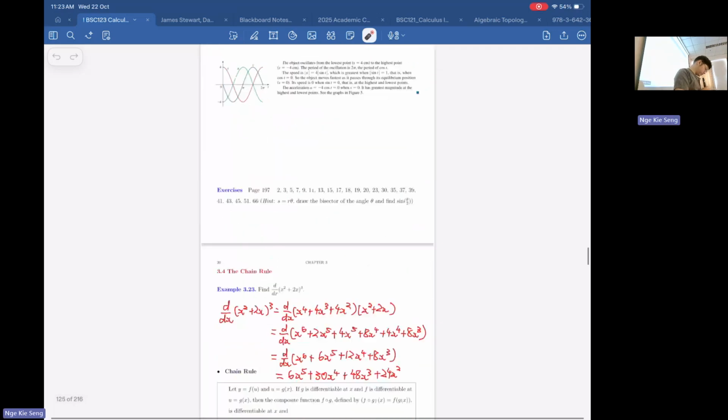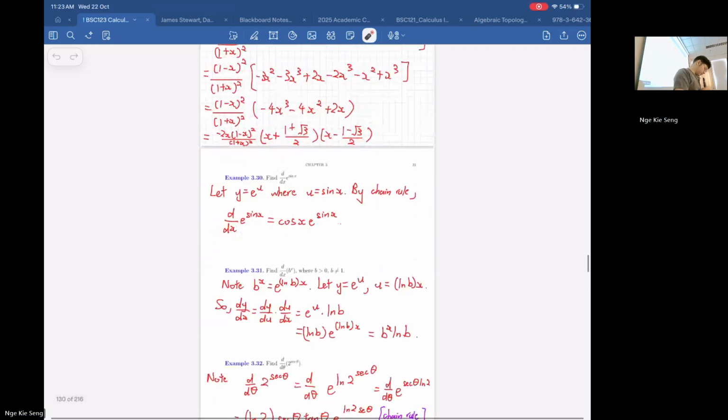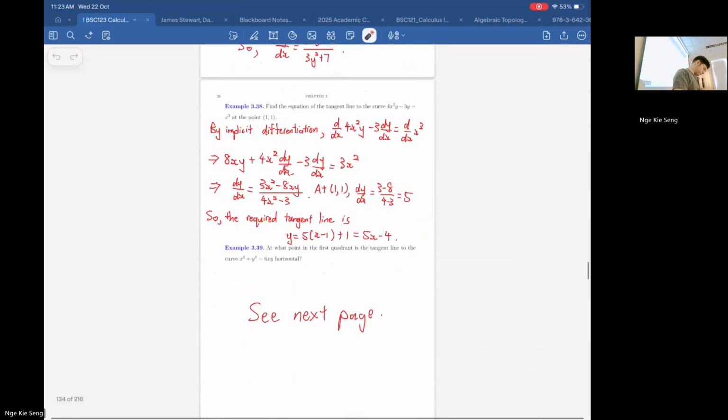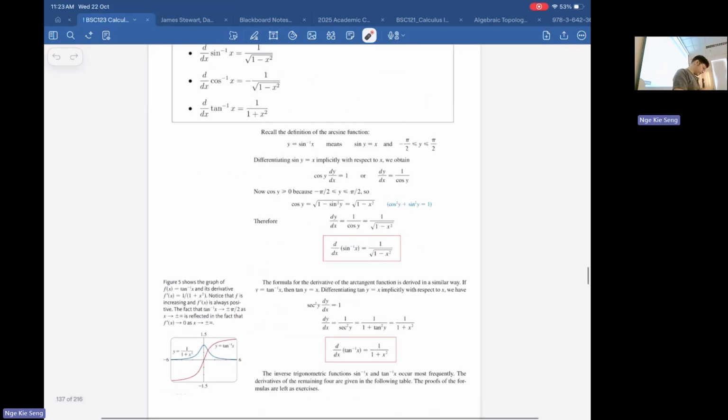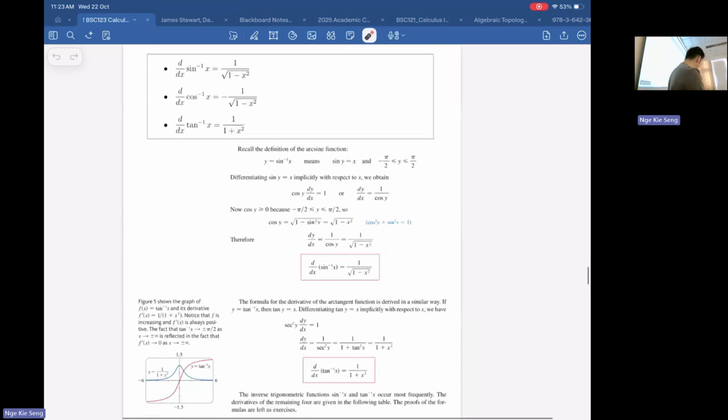I can show you here quickly. But it's not tested, it's just some extra knowledge. If you set your implicit function as y equals sine inverse x and then do the implicit differentiation, you get this derivative.